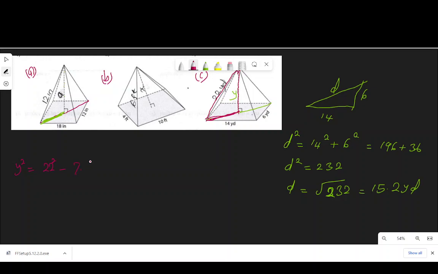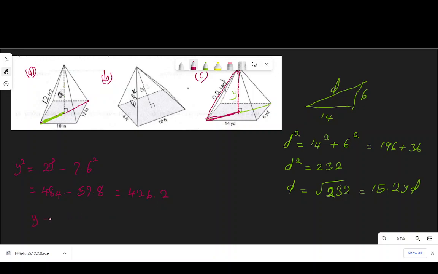So 7.6 squared. And now 22 squared is 484. So 484 minus 7.6 squared. 7.6 squared is 57.8 approximately. 484 minus 57.8 is 426.2.